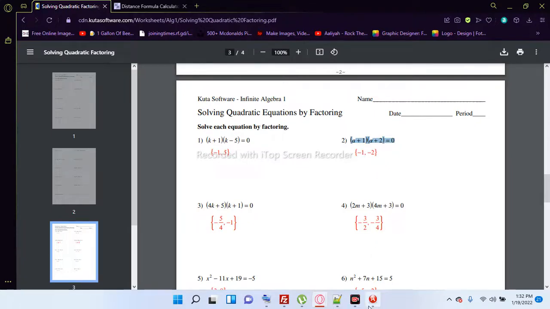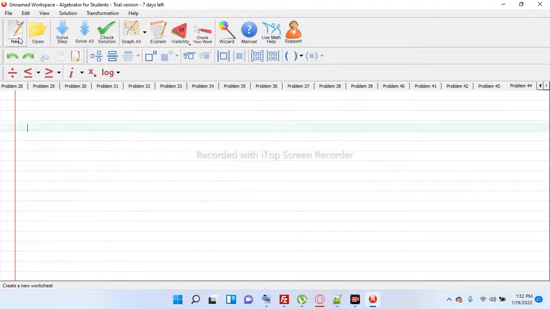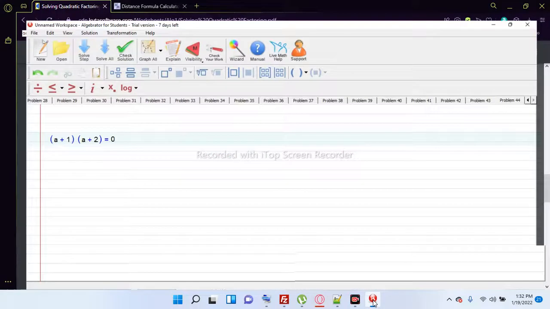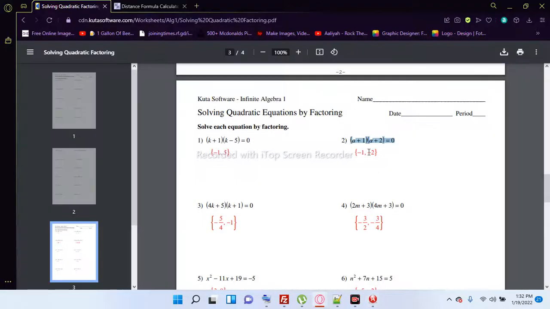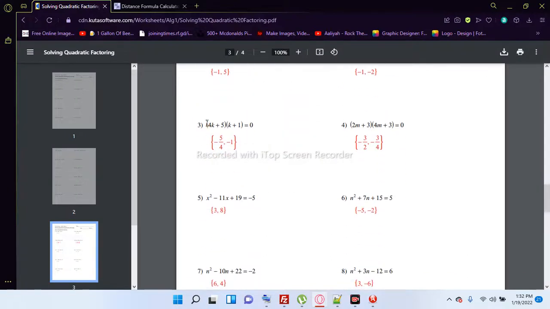Why did it come out like that? I don't know. New. Okay, A plus 1, A plus 2 equals 0. Negative 1, negative 2. We checked it. Negative 1, negative 2, and there it goes. Okay, another one.